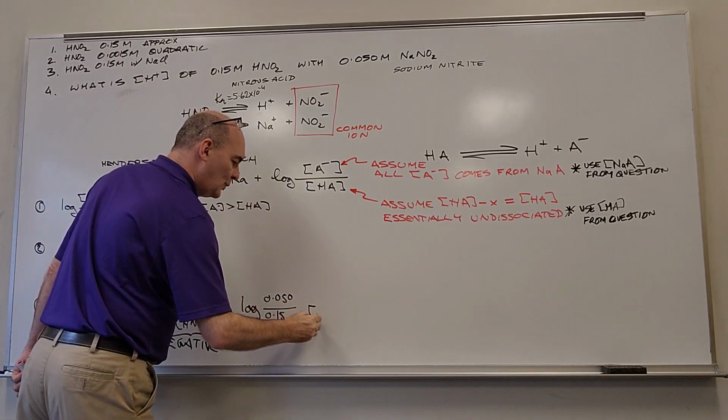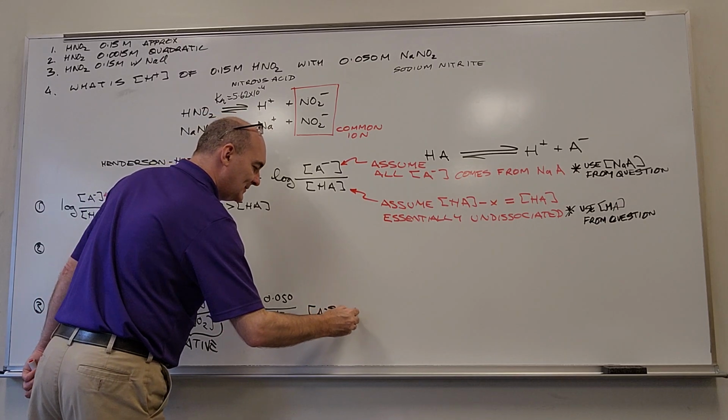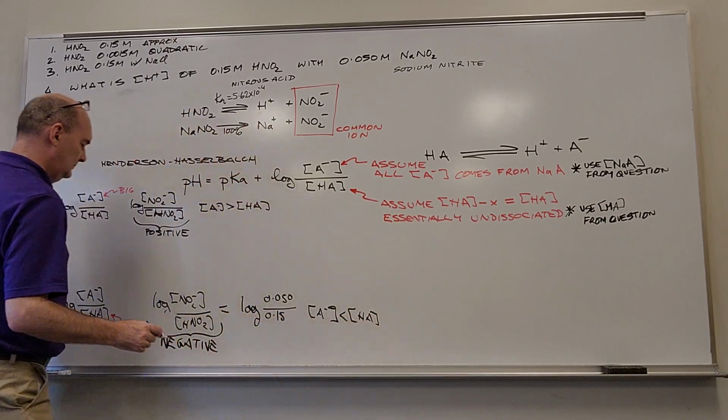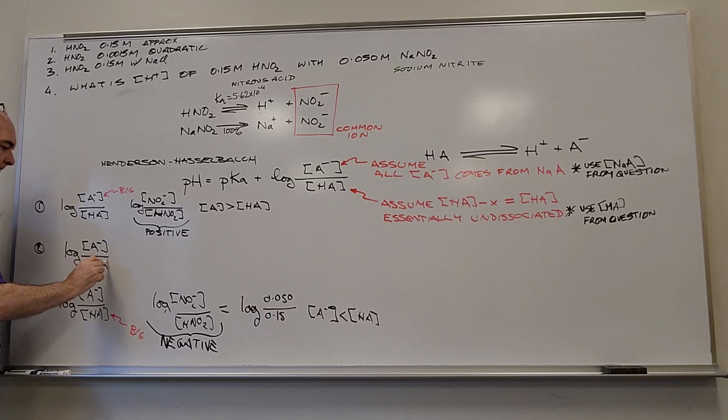This bottom one happens when A minus is less than HA. And we have a middle case. Guess what the middle case is? When A minus is equal to HA.